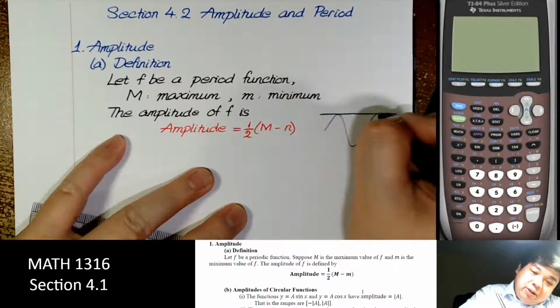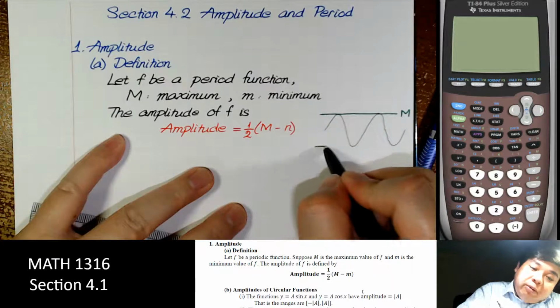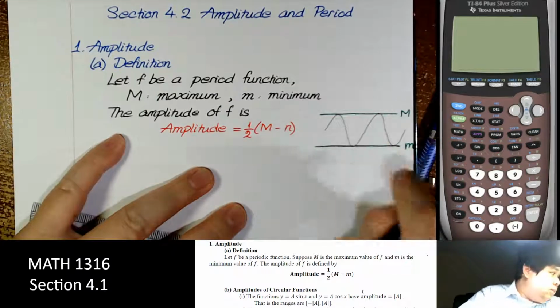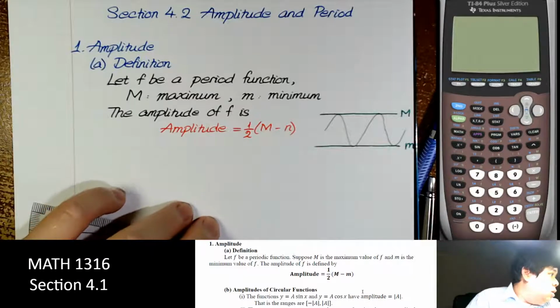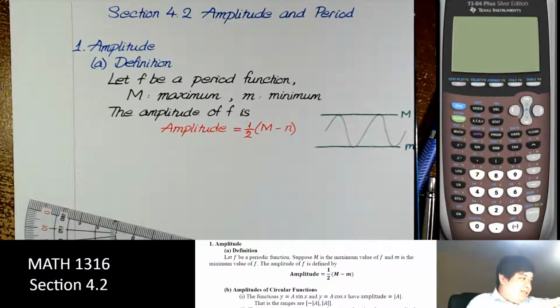We have the maximum values and then the minimum values. It's section 4.2.